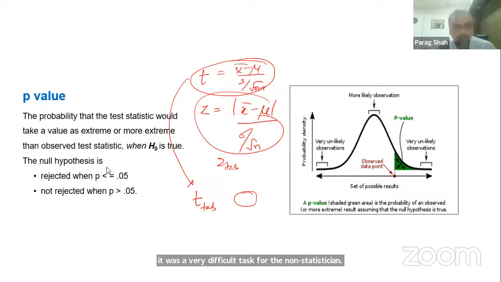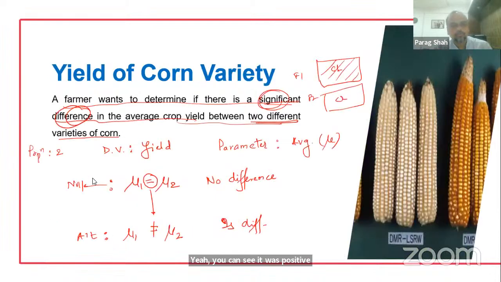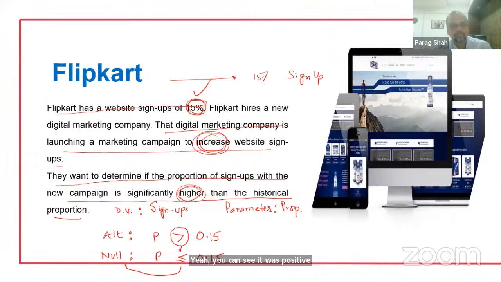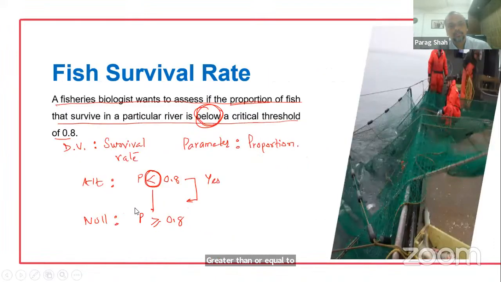Priyadarshini, why is everyone talking about null as negative? Not necessary. Here, see, it is positive. Here you can see it was positive. Greater than or equal to. Here you can see it is positive. So Priyadarshini, it is not always that. Everyone talks about it in a negative way.